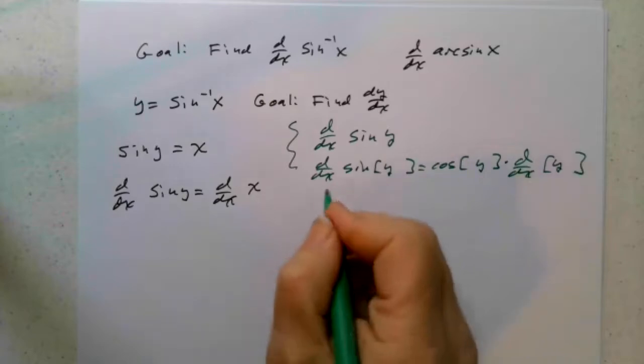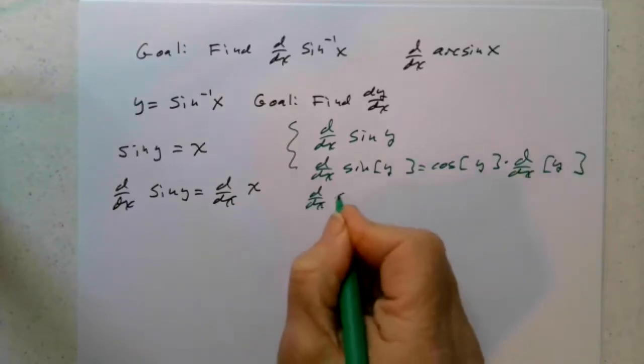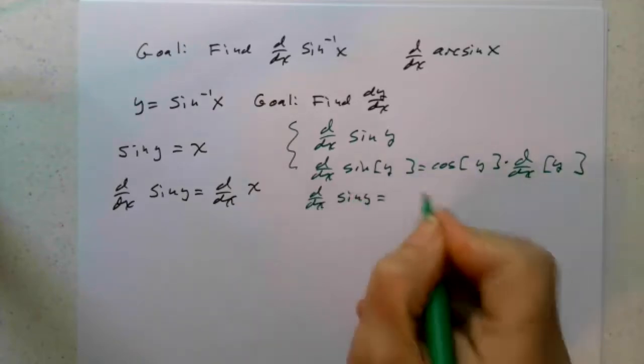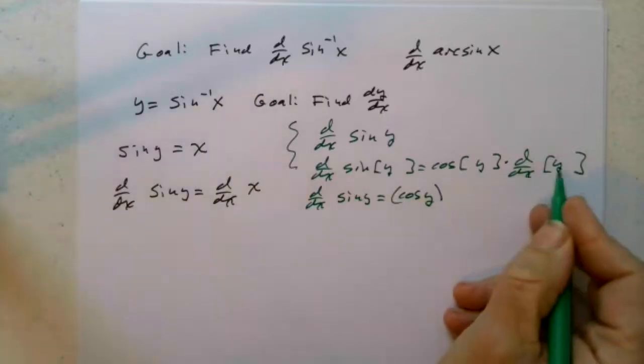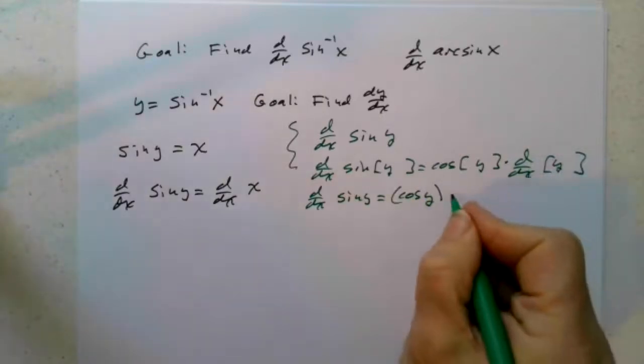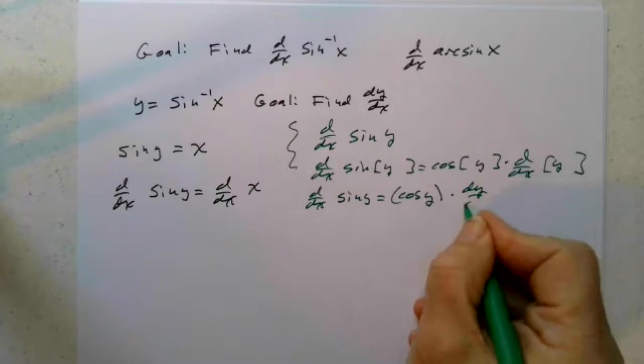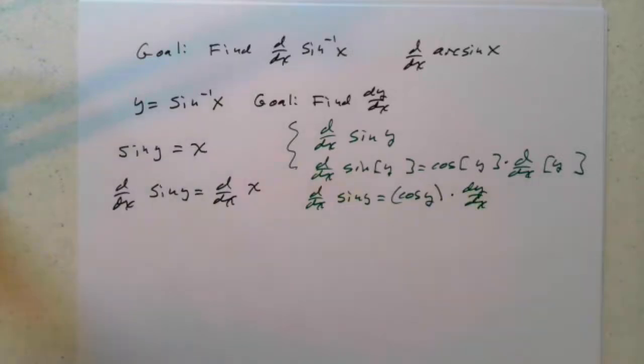So what we get then is the derivative with respect to x of sine y is cos y times, now let's think about this, what is the derivative with respect to x of y? That is dy/dx. That's what we're going to try to find out.